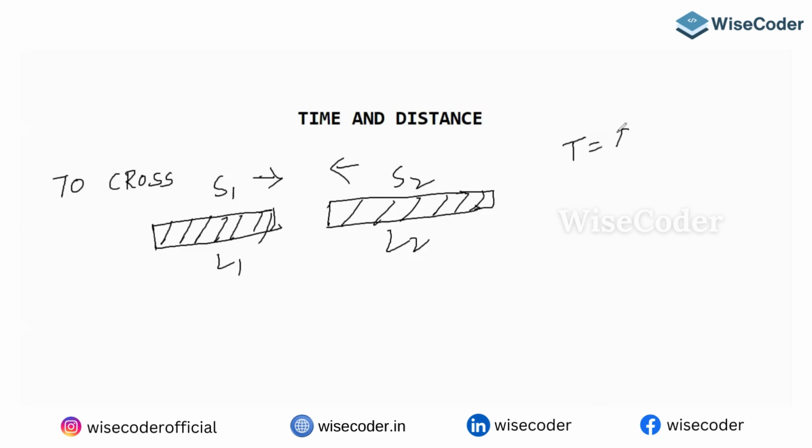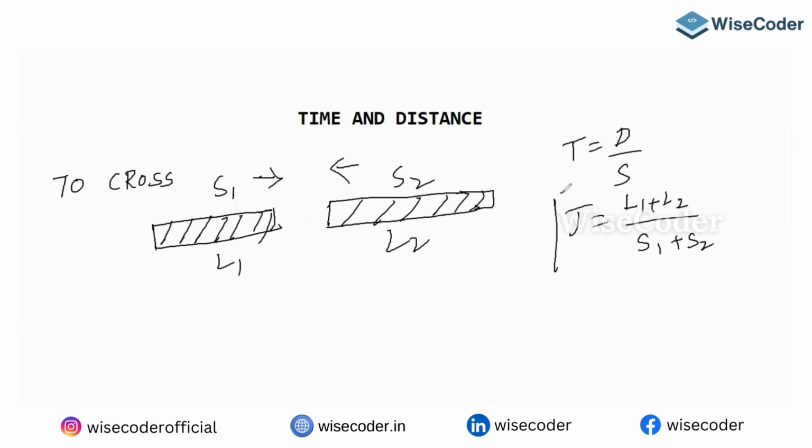The time is distance by speed. If both trains cross each other, they have to travel both their lengths, that is L1 plus L2, divided by the speeds. When they are moving in the opposite direction, the speeds are S1 plus S2, so the time is L1 plus L2 by S1 plus S2.